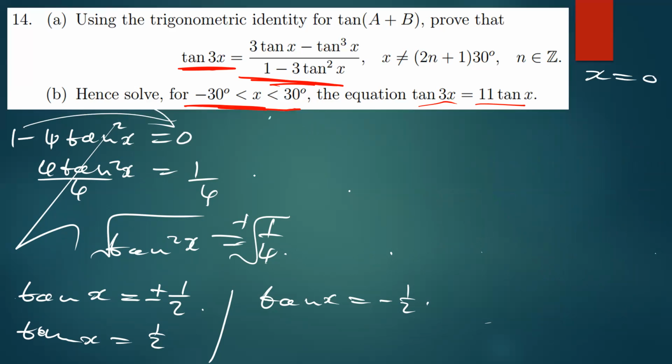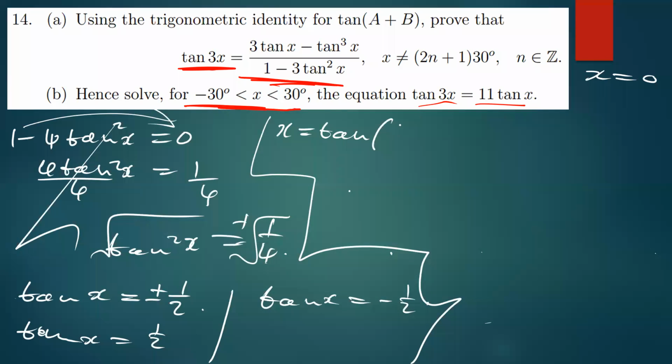The second solution is going to come from x is equal to tan inverse of what? 1 over 2.